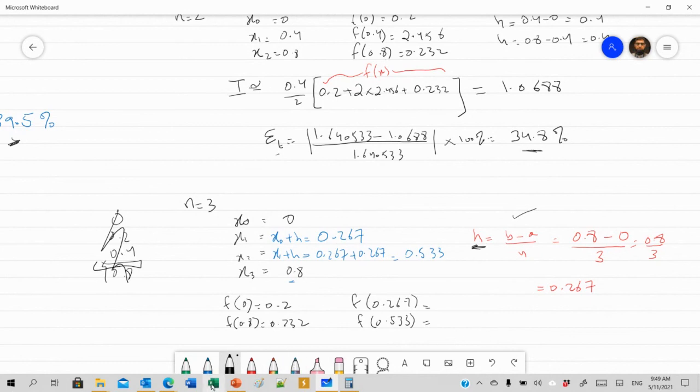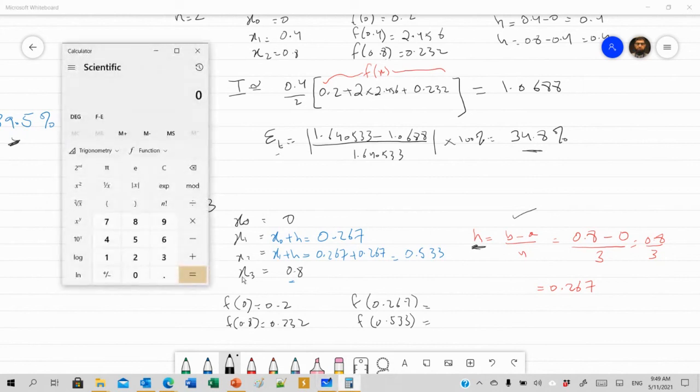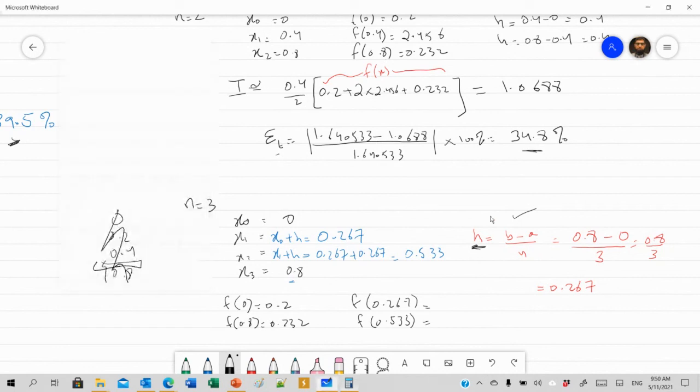Now to save time, let me just quickly do it here. 0.2 add it to the memory, 0.267. That is y.